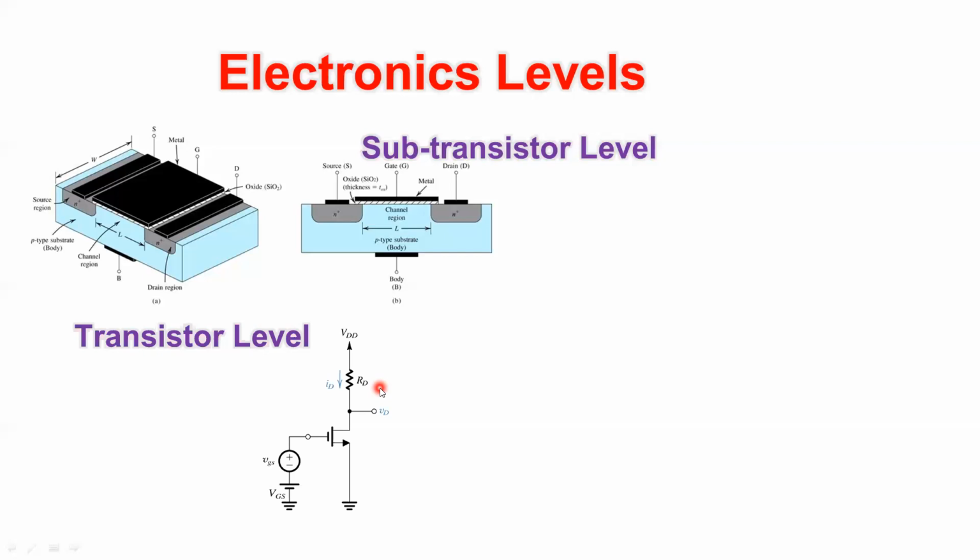So this is what we call the transistor level, where you make your circuit based on a series of transistors, either MOSFET or BJT. You connect these transistors together to construct some function.